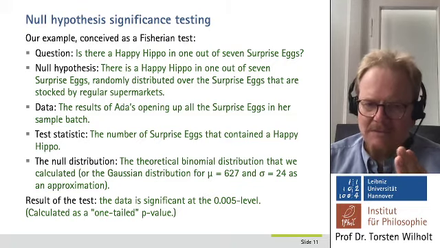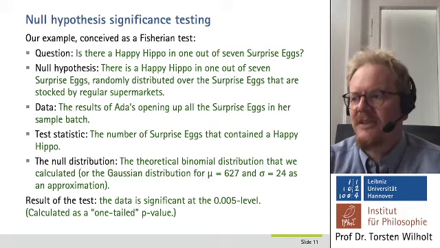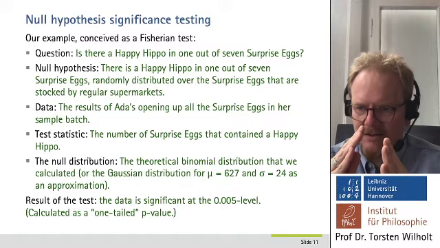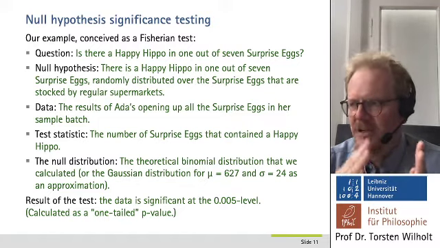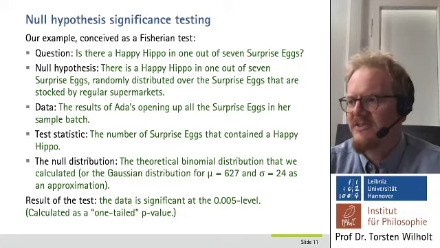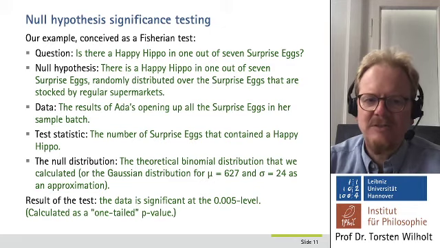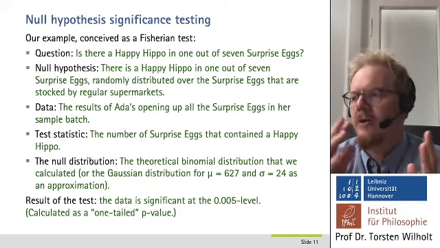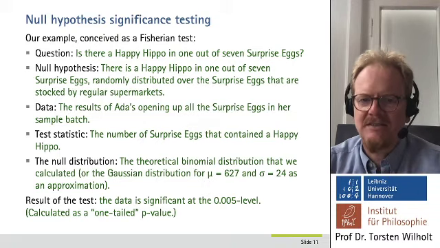So we need some number to do the test. We need to focus on some feature of the data and ask our probability questions about this feature. And by choosing our test statistic this way, we focus on the number of eggs that we get. The null distribution here is, in our case, the theoretical binomial distribution that we calculated, or as an approximation, the Gaussian distribution, where the mean is 672.